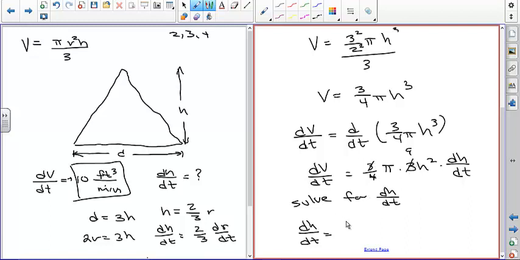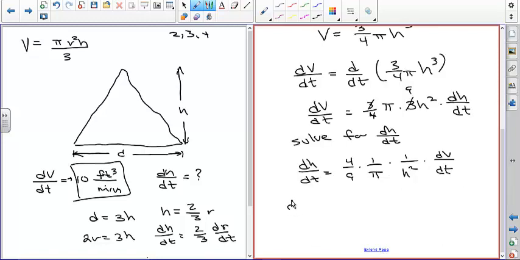So you'll get 4/9. So they take the reciprocal of that. Pi is in the denominator. h squared is in the denominator. And we multiply by dv/dt. So again, what I've done to solve for this is multiply by the reciprocal of that. And at this point, I can actually plug the numbers in a little easier.